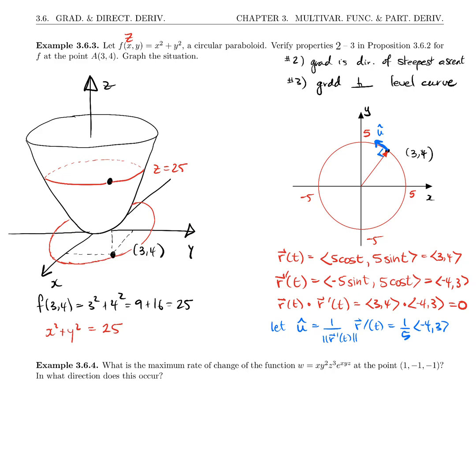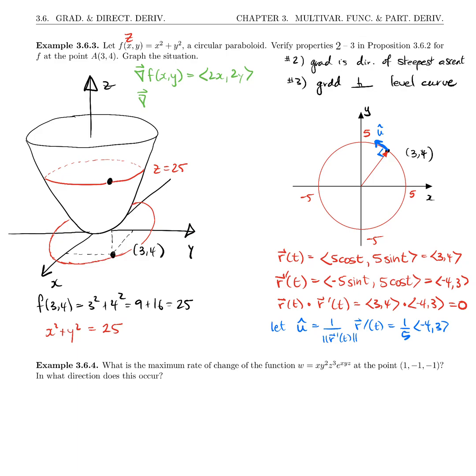Now we are asked to verify that the gradient is perpendicular to that level curve. So the gradient should also be perpendicular to u hat. Well, let's calculate the gradient. Our gradient vector at any point x, y is the vector of partials, so (2x, 2y).